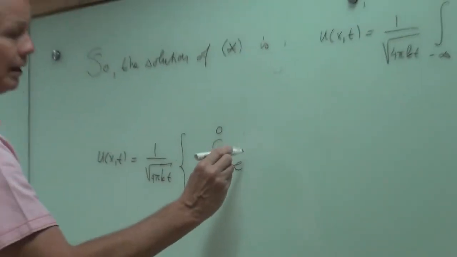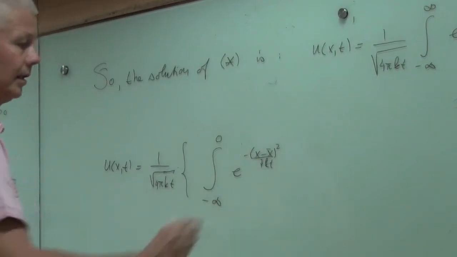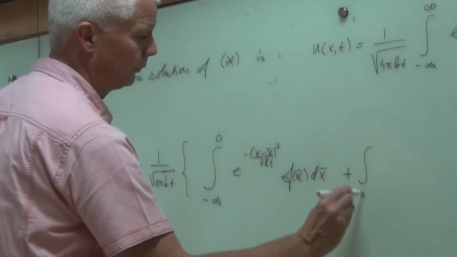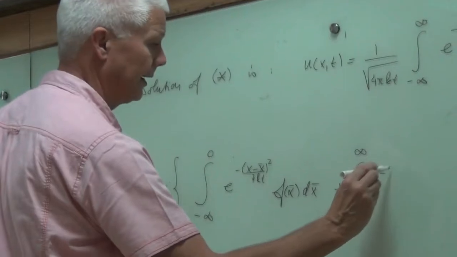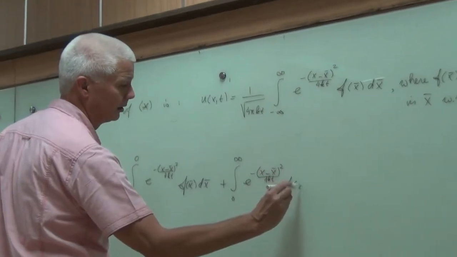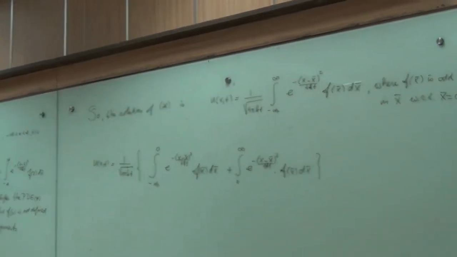Okay, but I can rewrite this. u(x,t) is 1 over the square root of 4 pi kt times, now I'm going to rewrite it as an integral from minus infinity to 0 of e to the power minus (x minus x bar) squared over 4 kt f(x bar) d x bar, plus the integral from 0 to infinity of e to the power minus (x minus x bar) squared over 4 kt times f(x bar) d x bar. That's still my solution. I only split up the integral.